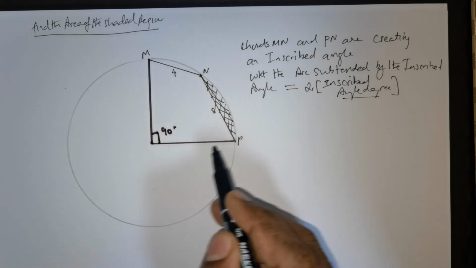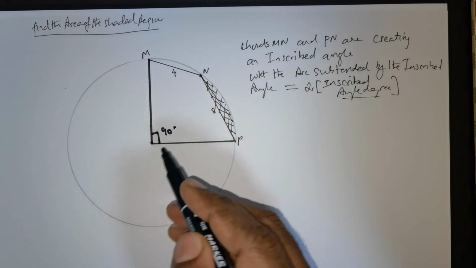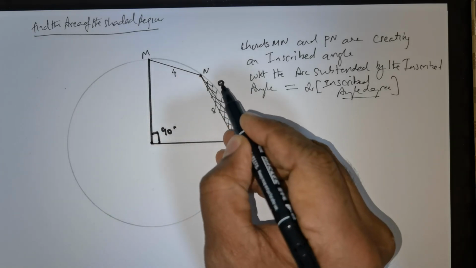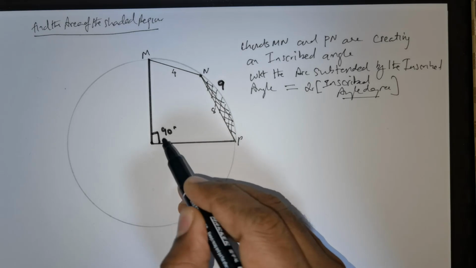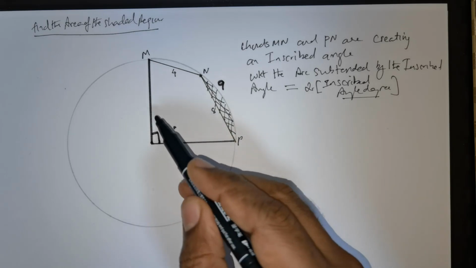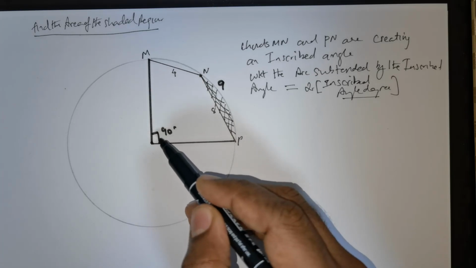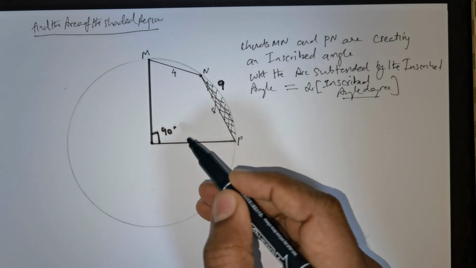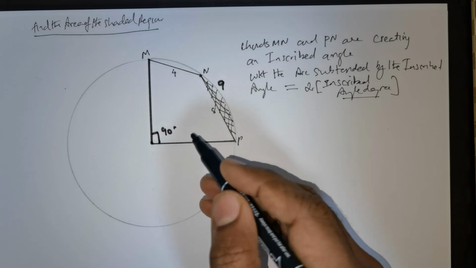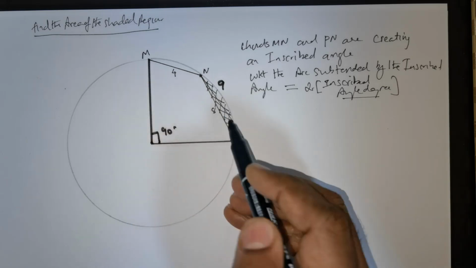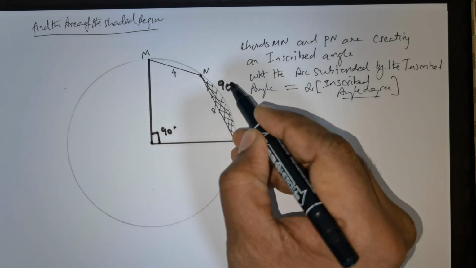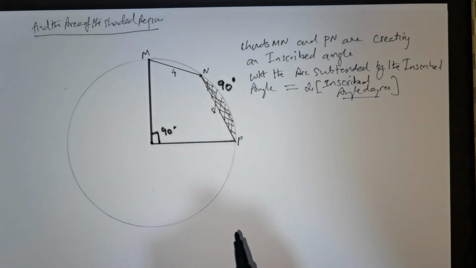So the arc subtended by the central angle will also be 90.